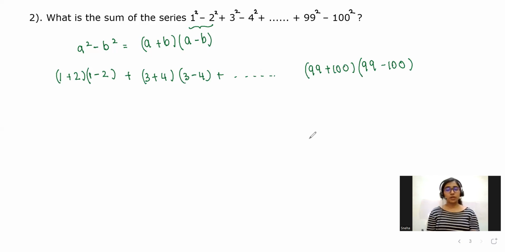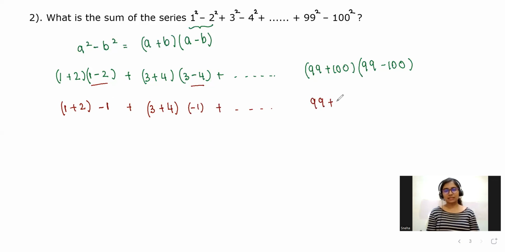Next step, what do we have to do? We will simplify it further. If you just look at all the second term here, 1 minus 2, 3 minus 4, everything will correspond to -1, right? So (1 plus 2) into -1 plus (3 plus 4). I'm not going to simplify because if you just add 1 plus 2, you'll be getting 3. 3 plus 4 is 7. Again, it will go ahead. So let me try to simplify it further, okay?